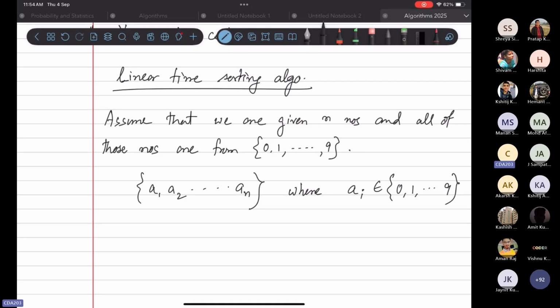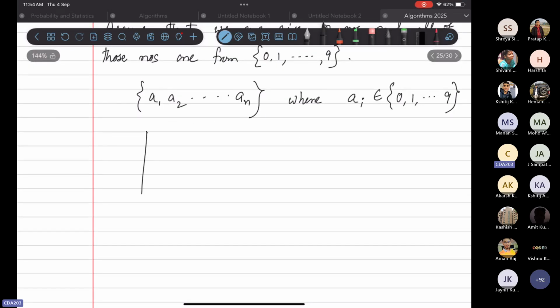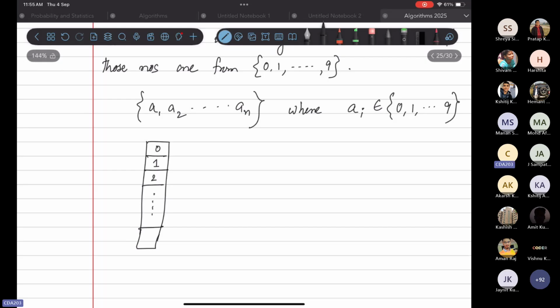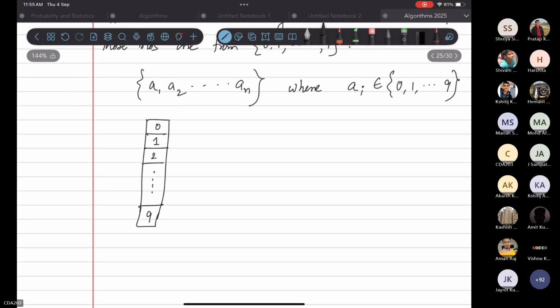So one thing I can do is maintain some arrays of numbers. Let's say this is for 0, this is for 1, this is for 2, and I'll go down the line, and the last one is for 9. If I see a 0, then I'll append it here.